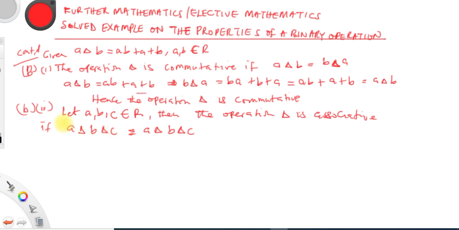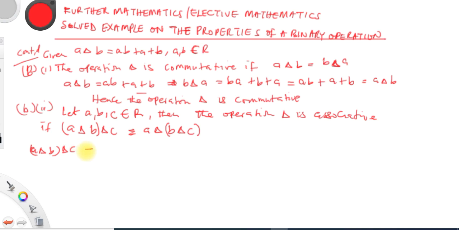You can either evaluate the first two first, and then apply the operation on your result with the last one, or somebody can also decide to evaluate the last two first. So if this is equal to this, then we take this. So for this, we have A triangle B triangle.